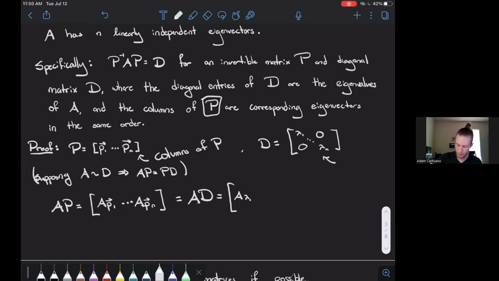A lambda 1, which is just a scaled version of A, sorry. Sorry, what am I doing? I've done the wrong thing. This is going to be confusing. It should be PD, right? That's what we're trying to compute.